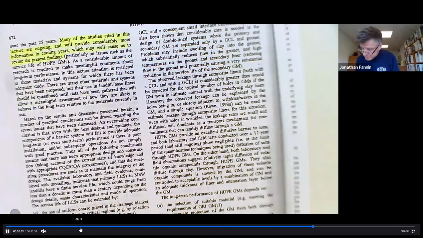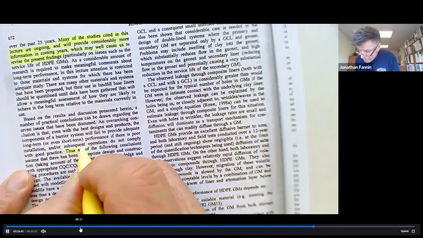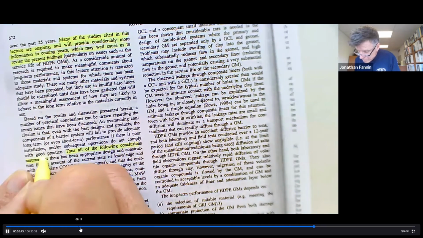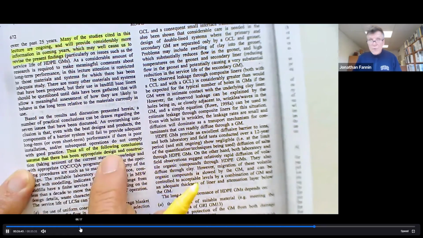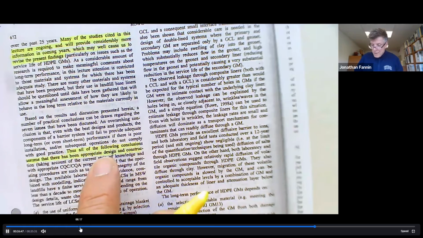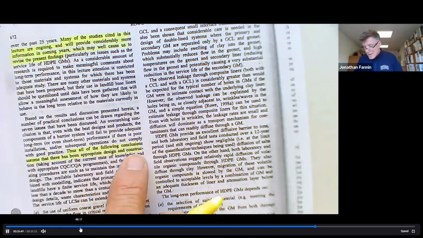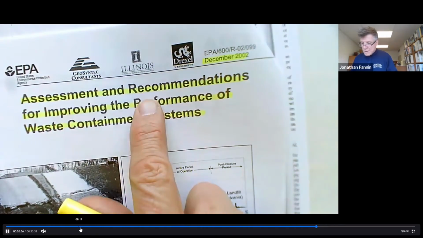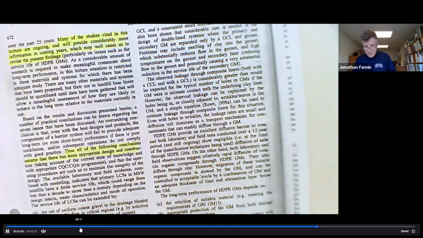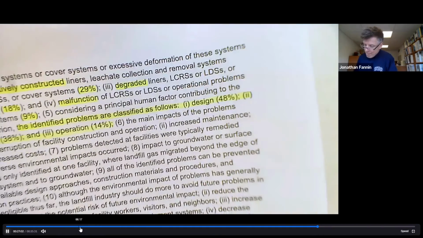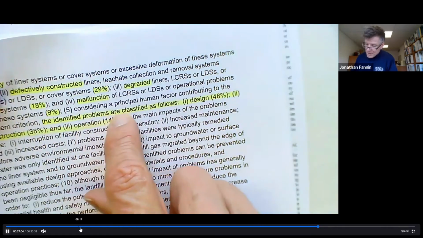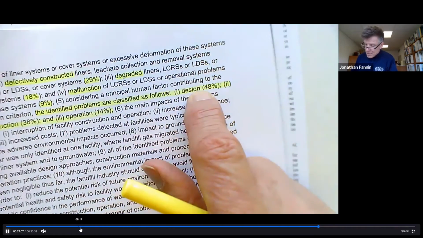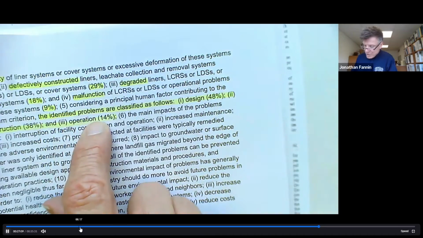Thus, all of the following conclusions assume that, do you remember that commentary from US EPA, that there's been good design and good construction, right? Do you remember the comment in the assessment recommendations, that identified problems are classified as design, construction, and operation?